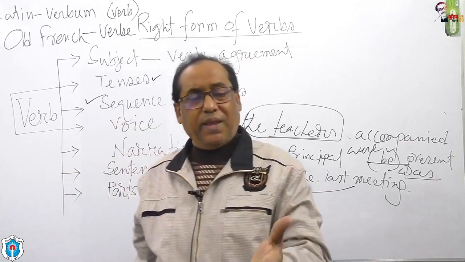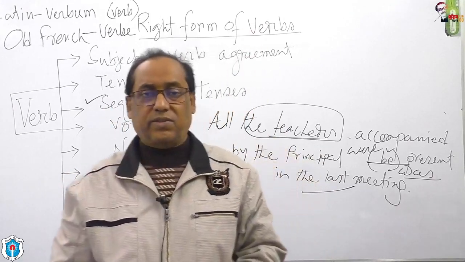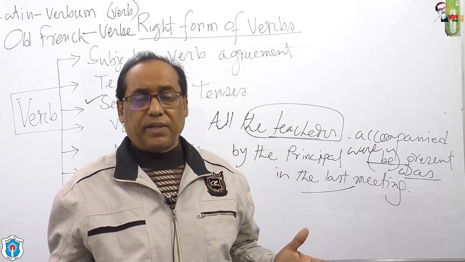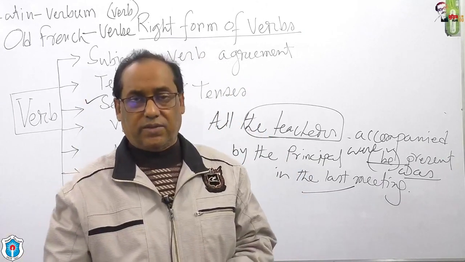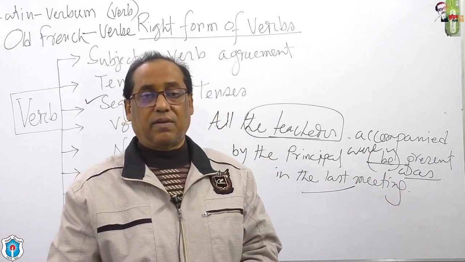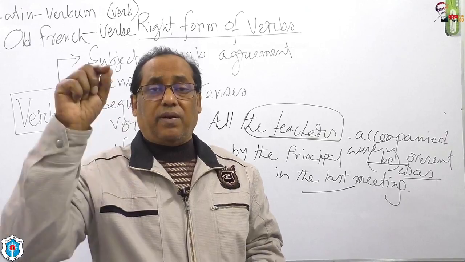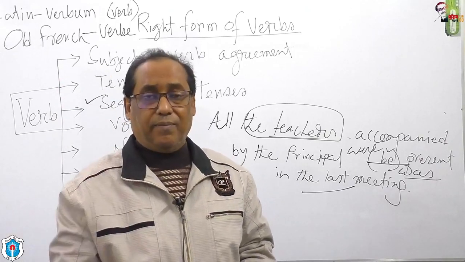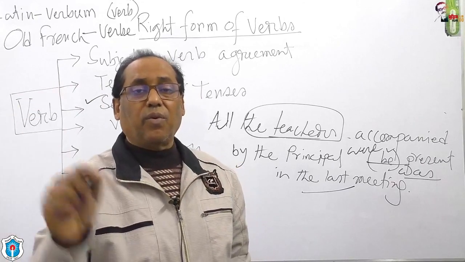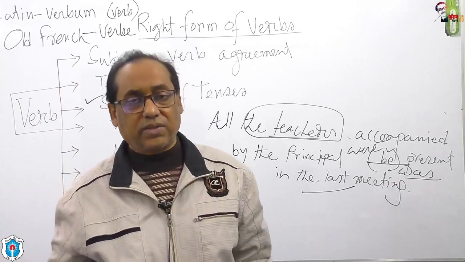It is the same case in compound sentence. In a compound sentence, there are at least two clauses. Yes, there may be more than two clauses. Sequence of tenses comes where there are two or more than two clauses.